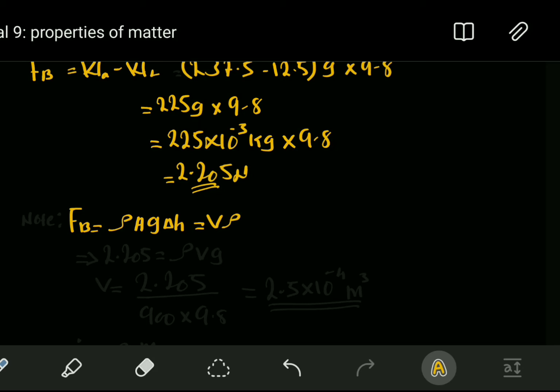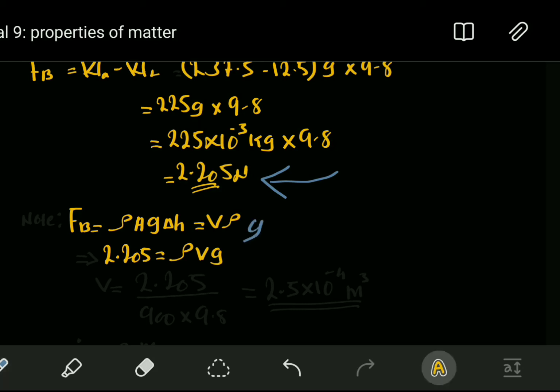Okay, so since our buoyant force was found to be this value here, we can substitute and say the buoyant force therefore is going to be the density times the volume times g.